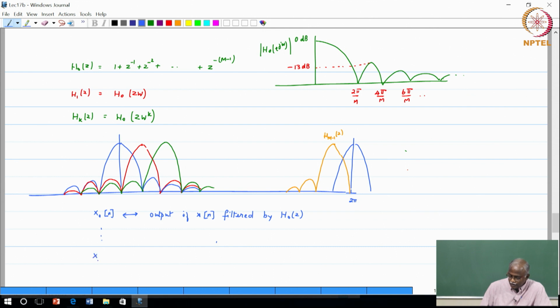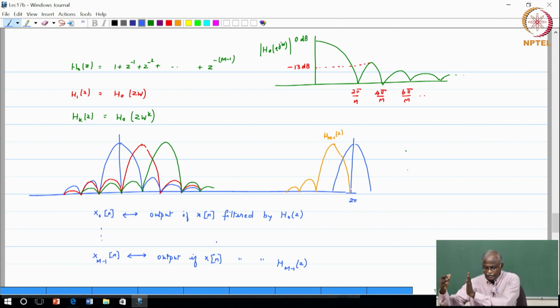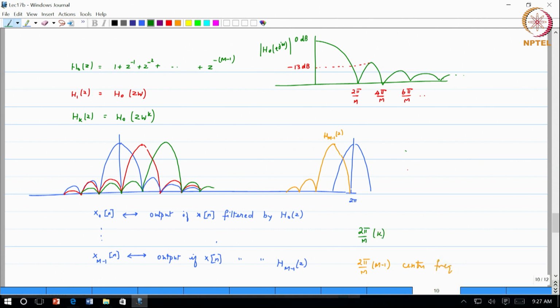Similarly, all the way to x m minus 1 of n corresponds to the output if x of n is filtered by H m minus 1 of z, which is the rectangular window shifted all the way to the last one. The center frequency for this will be 2 pi over m into m minus 1. This is the center frequency for the last filter, and in the general case the center frequency will be 2 pi over m into k. Okay, that will be the center frequency, and you span all the way from here to 2 pi.